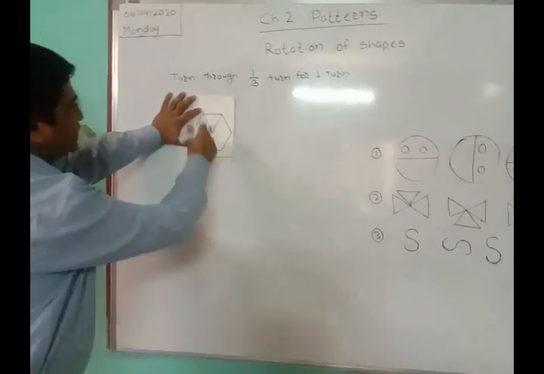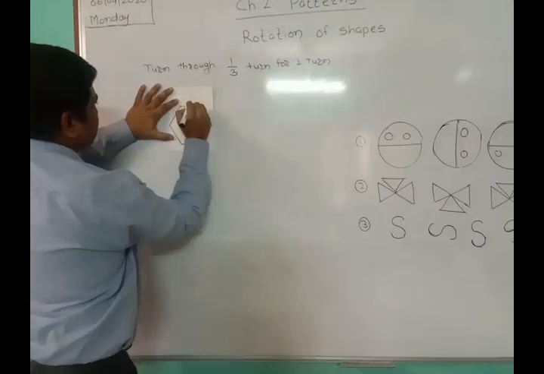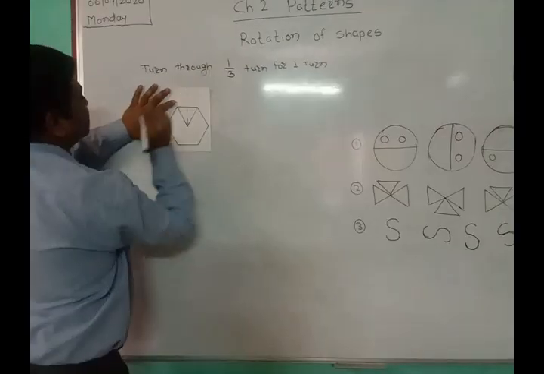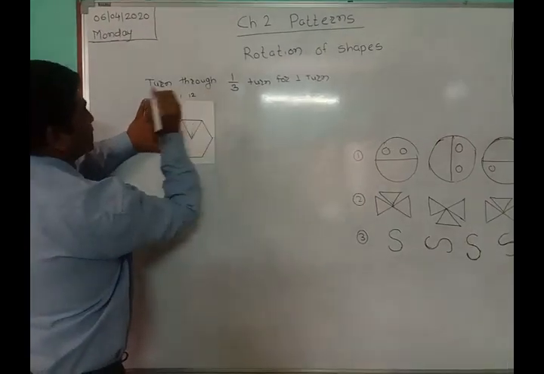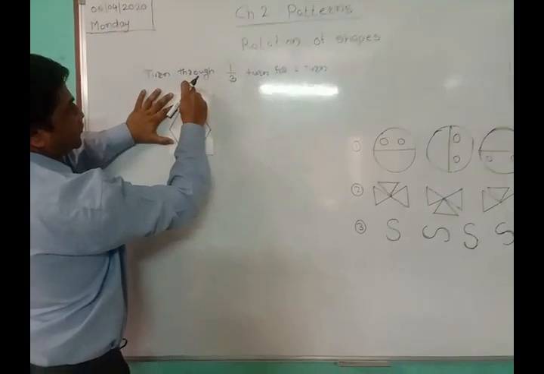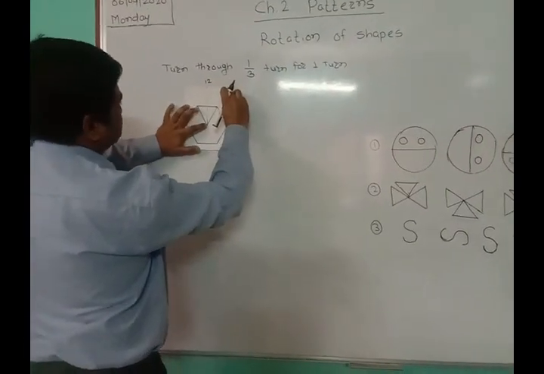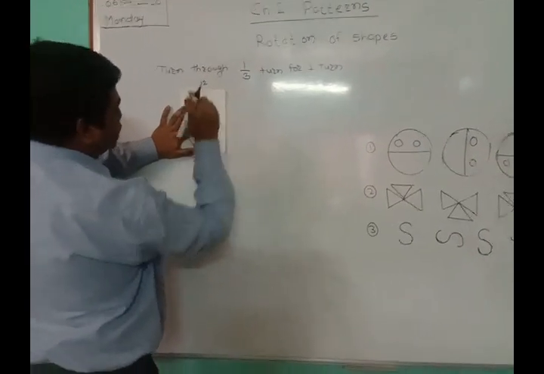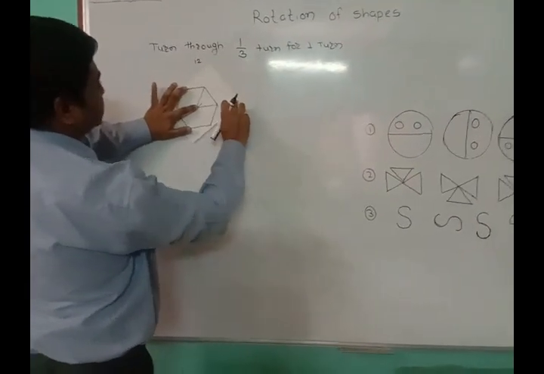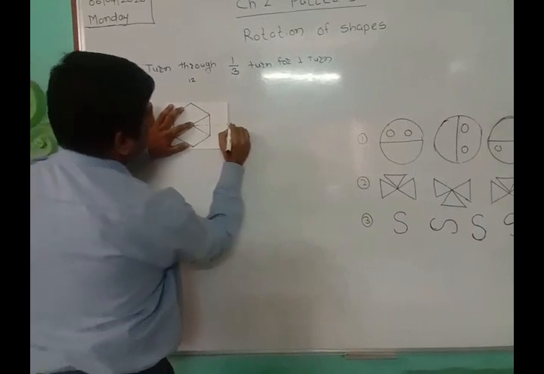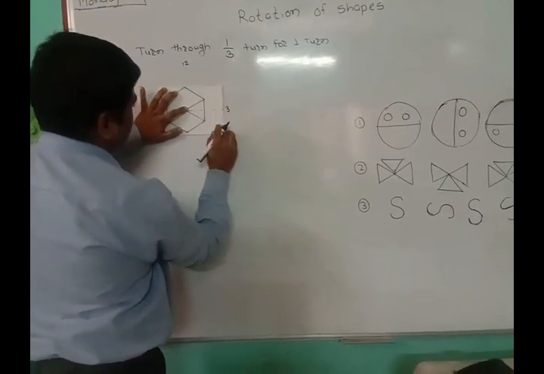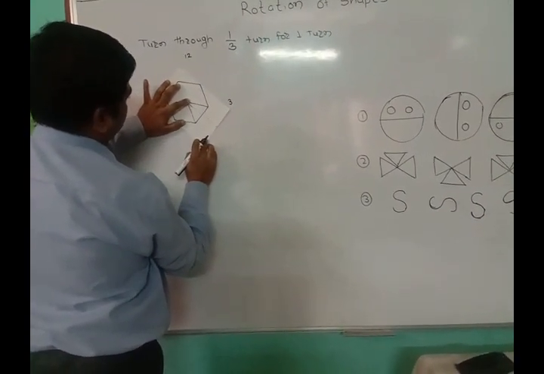For turning it, again we take a dotted line as a reference line. So a 1/3 turn means we are going from 12 to 4 o'clock. So from 12 we are moving to 4.